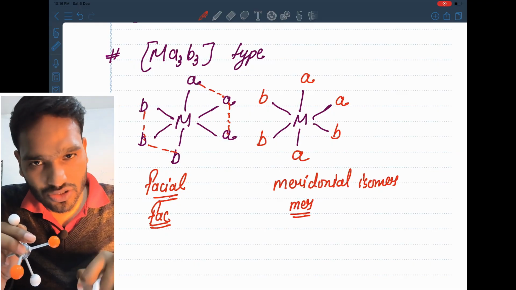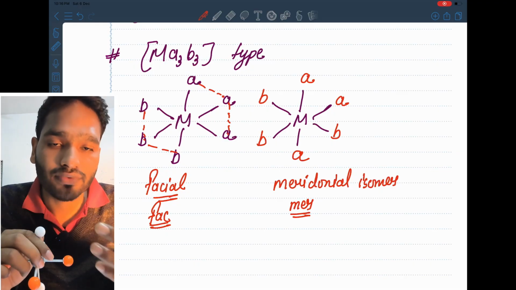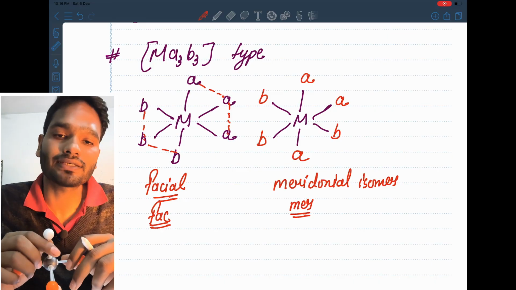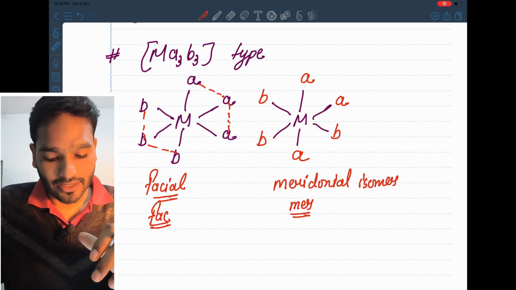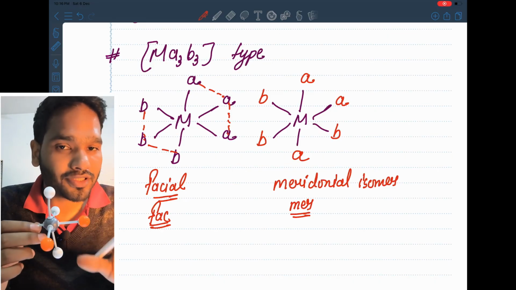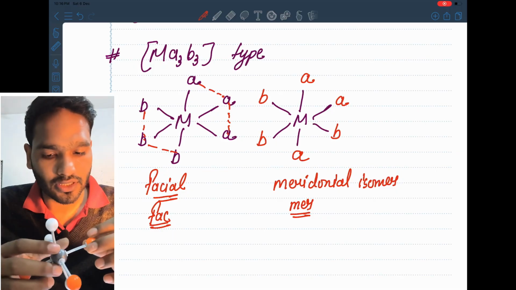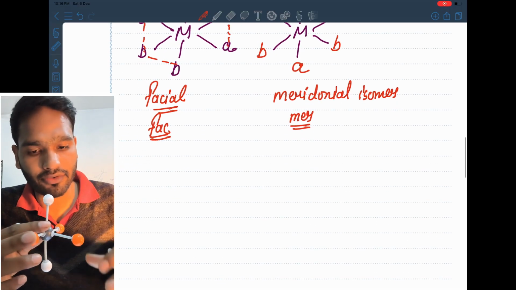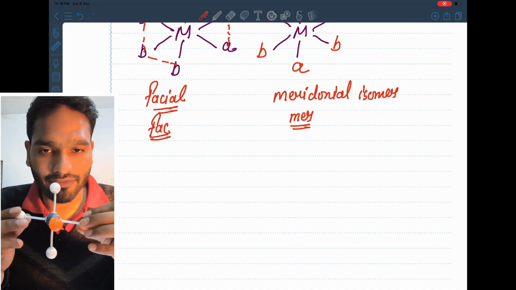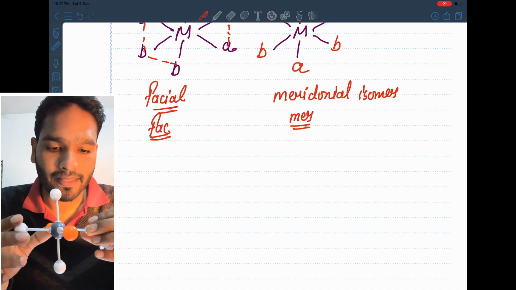So out of these 2 isomers, you will be checking which one is able to rotate the plane polarized light. I told you, you will check plane of symmetry or center of symmetry. So let's check in the meridional.